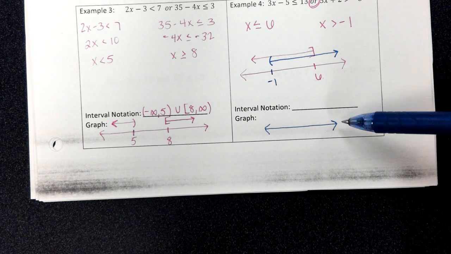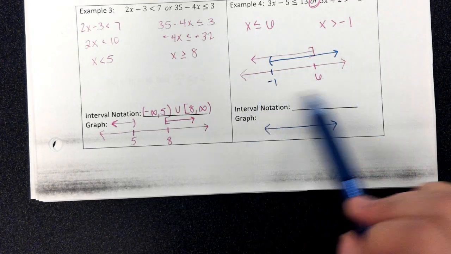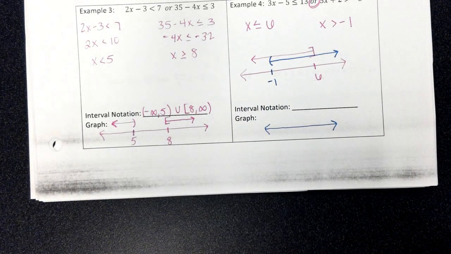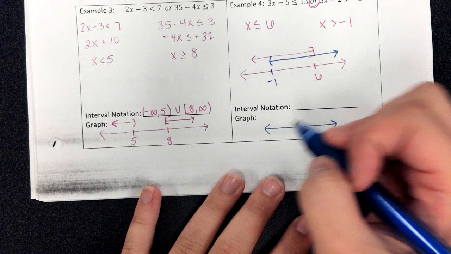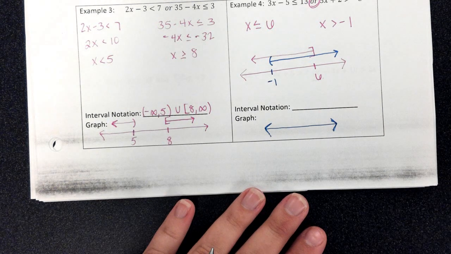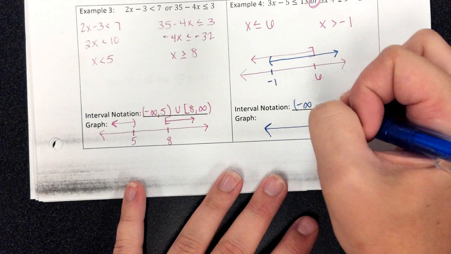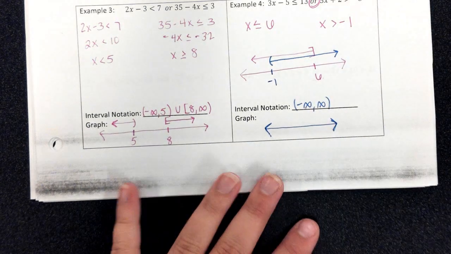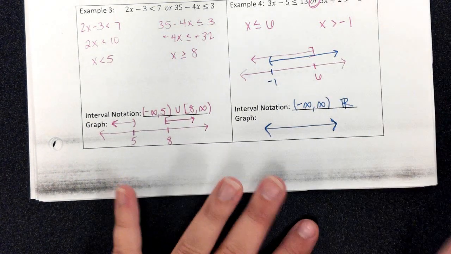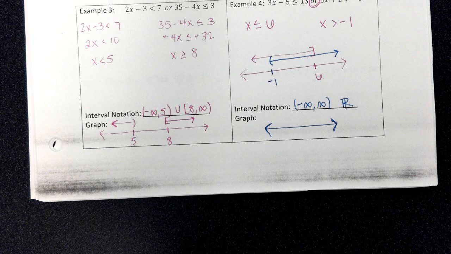I will take either one of these graphs because I personally like this top one because I think it's easier for my brain to know what's going on. But if I go all the way to the left and I go all the way to the right, what does that mean? All real numbers. So interval, though, remember, is -infinity to infinity. But you can also write all real numbers. That way we remember it. Okay? Are there questions? Okay.